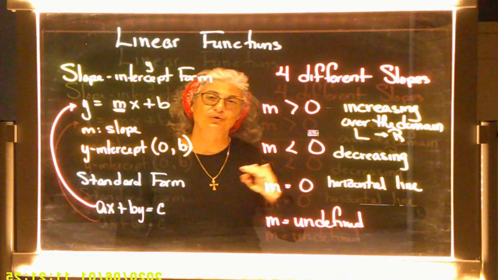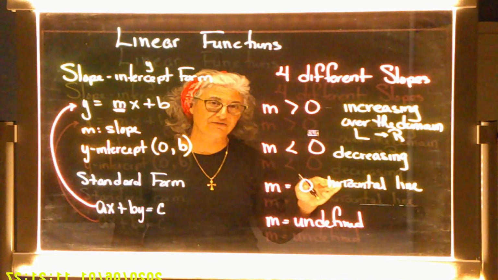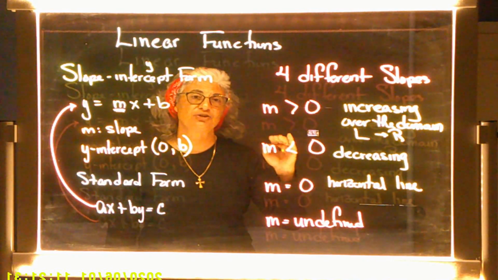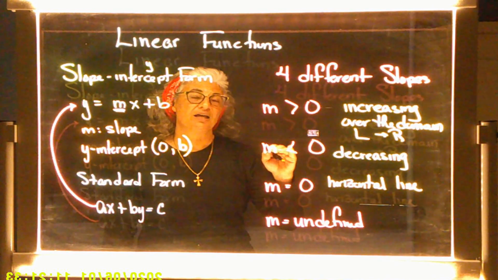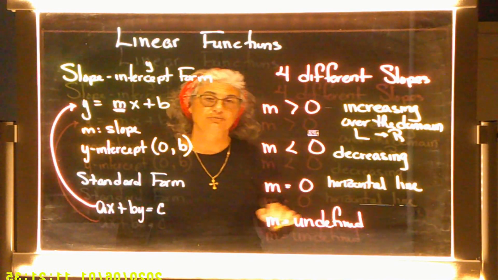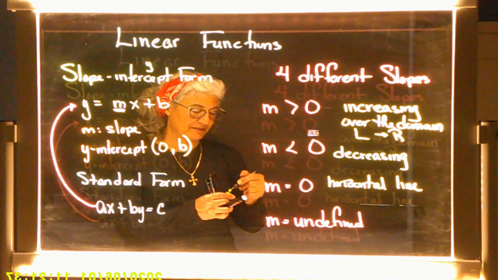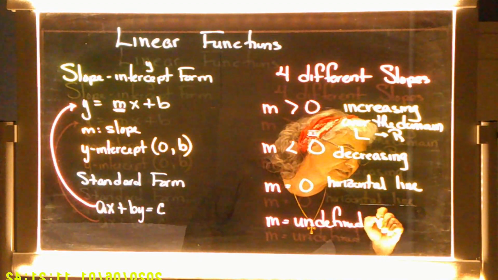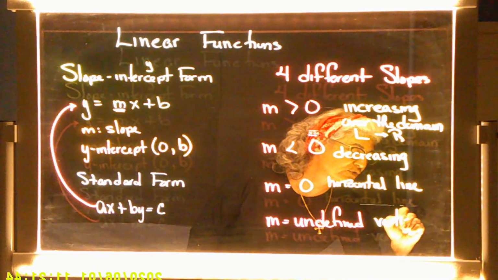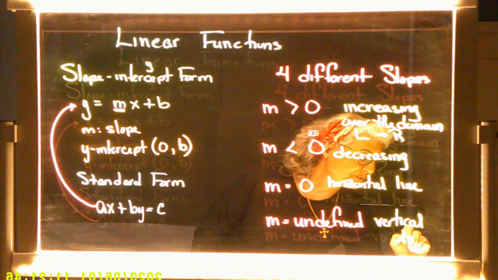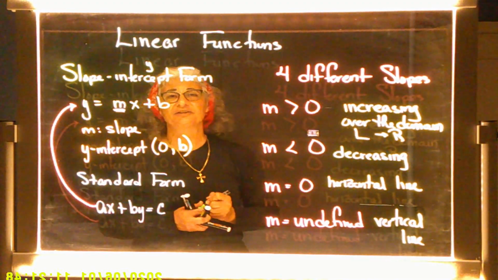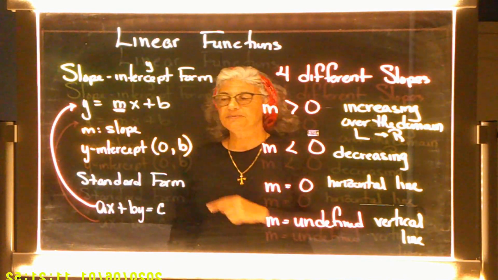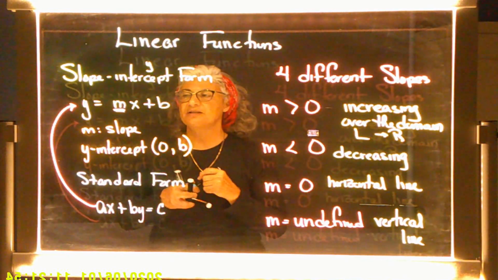There is no change whatsoever. Are you with me? There is no change in your y values at all. That's how come you get the horizontal line. And the last one, the undefined one, this is your vertical line. This is you trying to drive up the side of a building. And that ain't going to work very well. Cool?